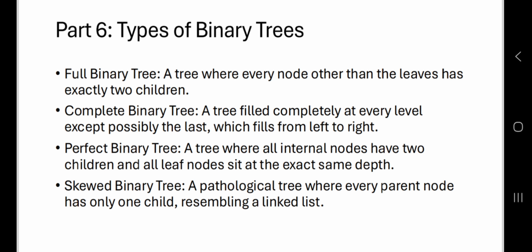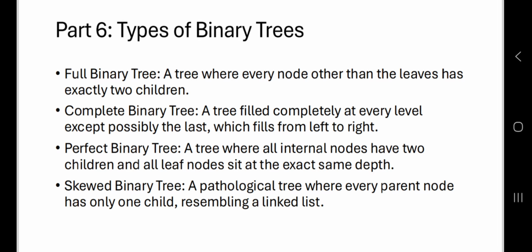Types of binary trees. Binary trees come in different structural shapes. The full binary tree is a tree where every node other than the leaf has exactly two children. Complete binary tree, a tree filled completely at every level except possibly the last, which fills strictly from left to right.